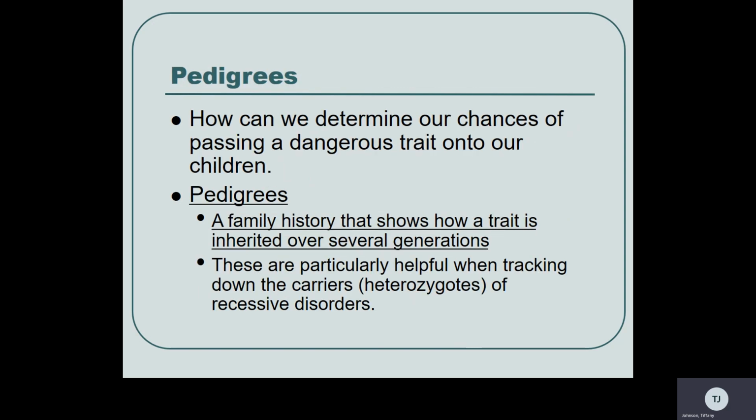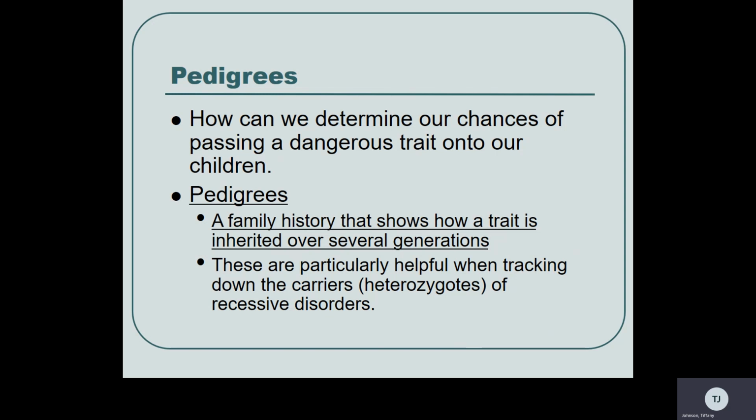Okay, so pedigrees. A pedigree is a family history that shows a trait and how it's inherited throughout the generations. And so let's say, for instance, that in your family, you've got someone who's a dwarf, maybe your uncle or your cousin or what have you, and you say to yourself, boy, I tell you, I don't really want my child to have to live that life. And you're ready to have children, but you're not sure if you carry that dwarfism gene.